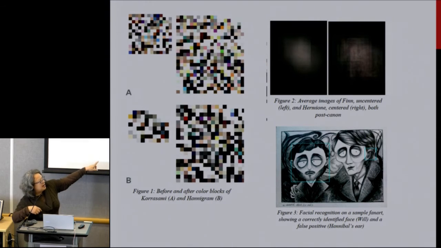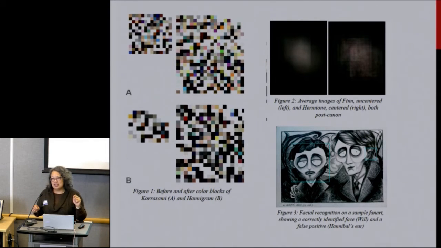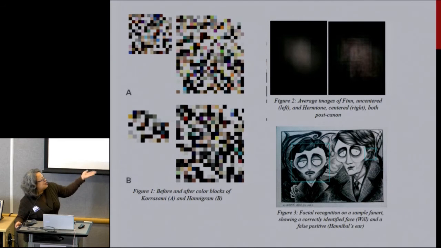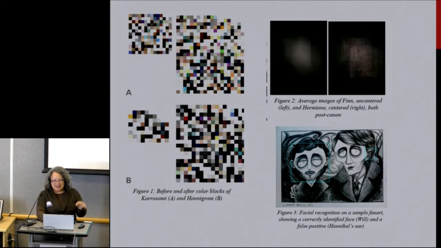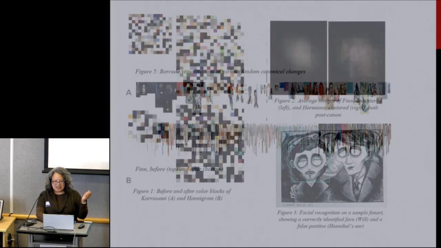And here in the lower right, you can see their facial recognition software at work on Tumblr, and this shows that it's not perfect. The software recognizes Sherlock's face, but it recognizes Will Graham's face, but it doesn't recognize Hannibal's face. It only gets his ear. So these are just some ways that students used this class to experiment with methodology and visualization.